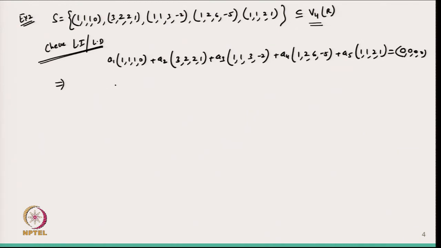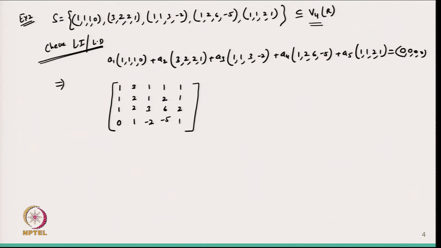So, from here I can write this in the matrix form. So, I can write here 1 1 1 0, and 3 2 2 1, 1 1 3 minus 2, 1 2 6 minus 5, 1 1 2 1.